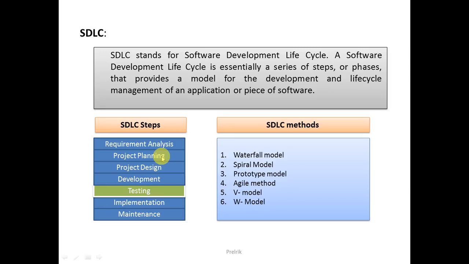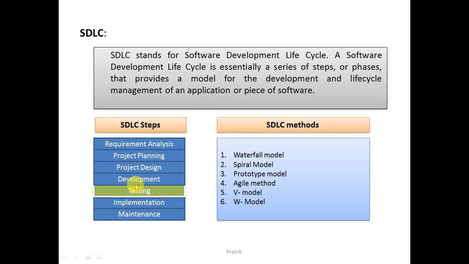So these things will be planned in the project planning phase. And project designing includes the preparation of a flow chart, showing how your system requirement will flow, and how the system and branches will interact with each other. After that, the requirement will be broken into several small pieces, and each piece will go to the development phase, and the developers will develop that piece of requirement. They'll integrate it and make a whole system.